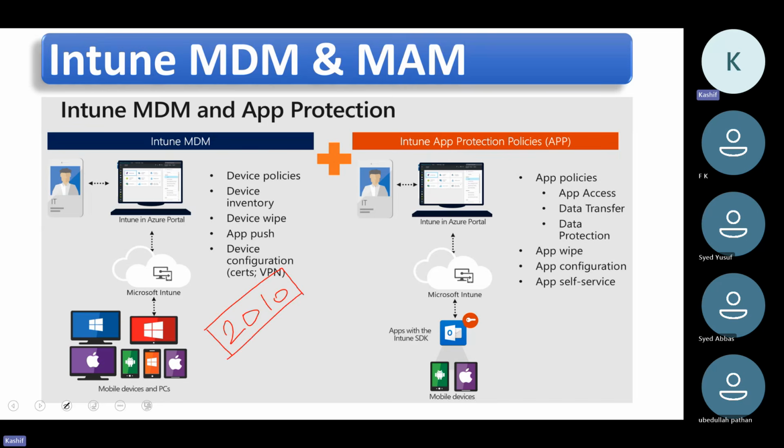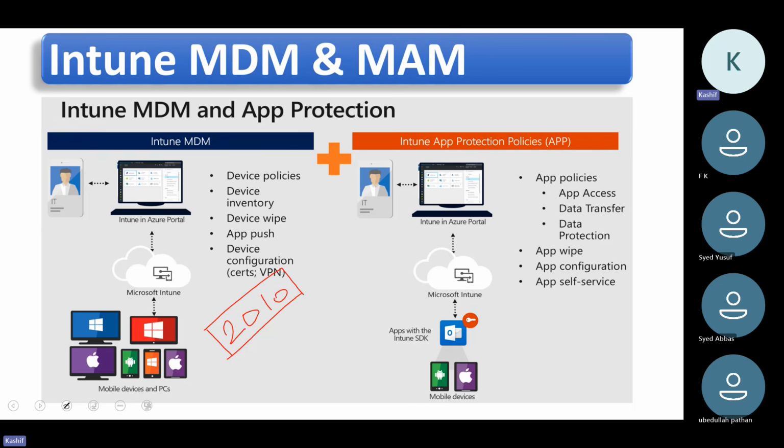When this product came into the market, there were so many competitors, like Workspace ONE, which we previously called AirWatch, a VMware product, Mobile Iron, then Soti, BlackBerry. There were so many players already in the market. So Intune came late in the market in terms of mobile device management and mobile application management.